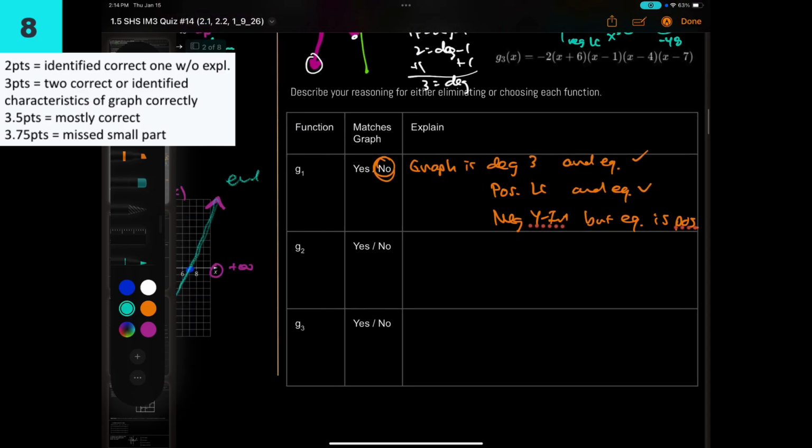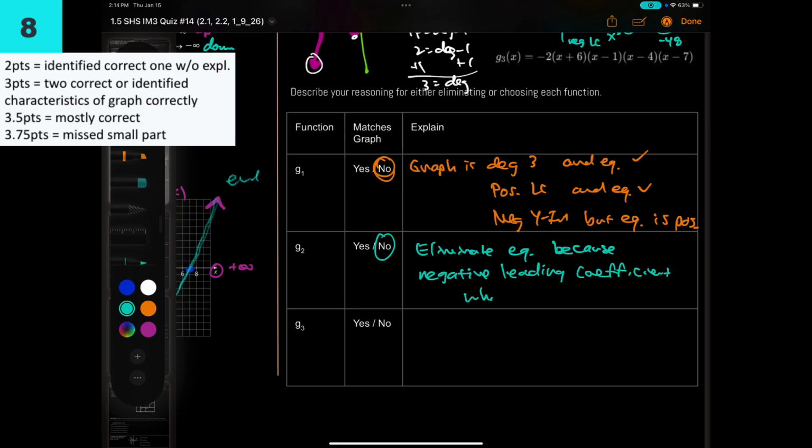So it's not this one because we eliminated the equation because of a negative leading coefficient, while graph is positive.